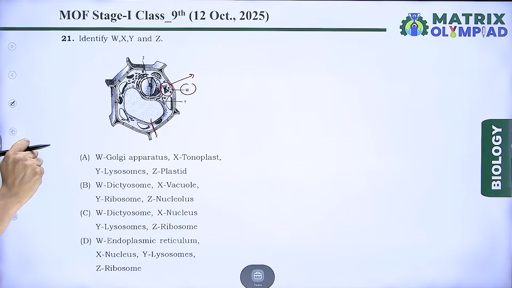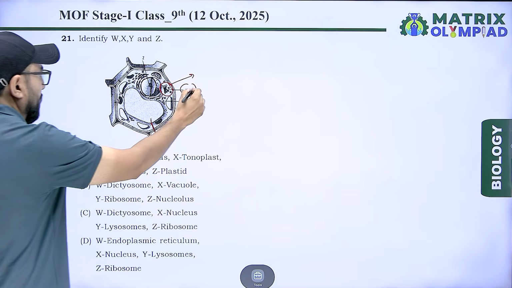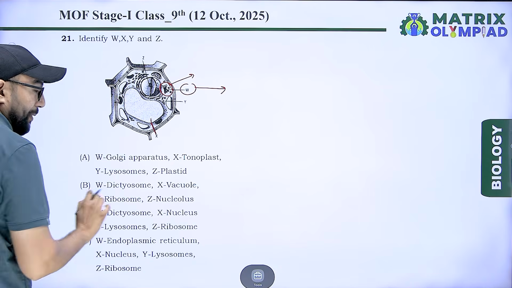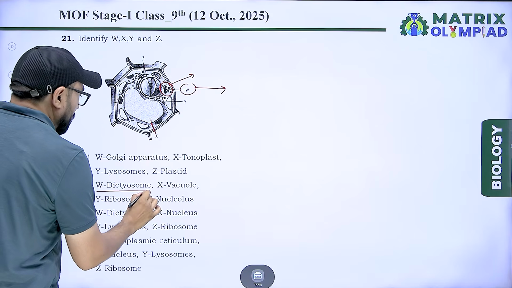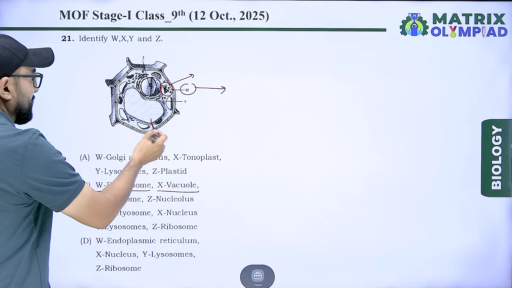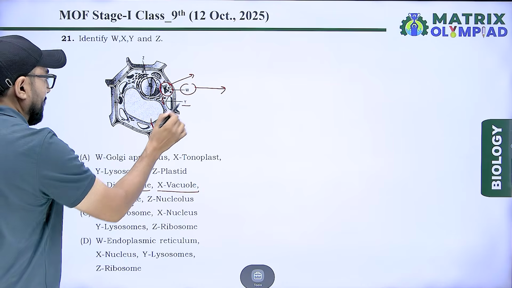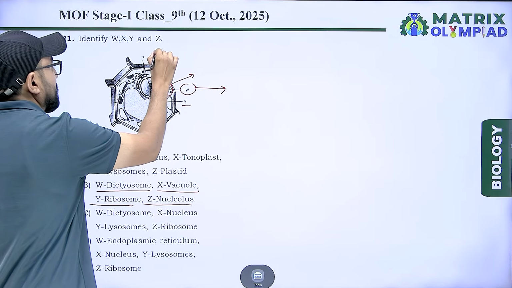So according to this diagram, W is Golgi, in a plant cell. In plant, Golgi is known as dictyosome. X is vacuole, Y, the small dot structure, is ribosome, and Z in the nucleus is nucleolus.